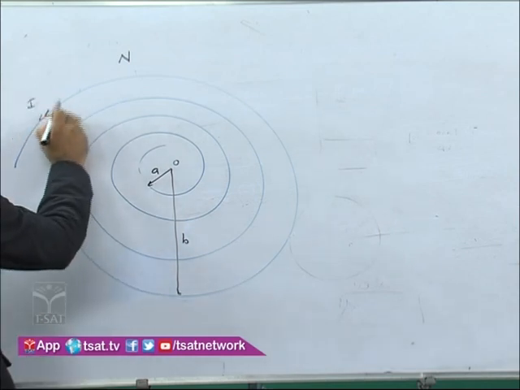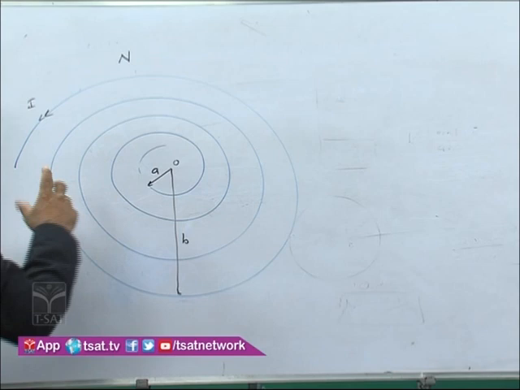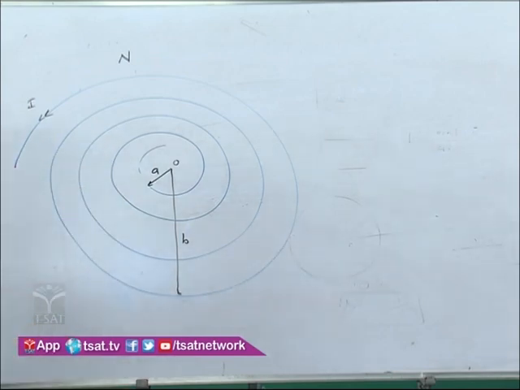Current is flowing along the direction, and due to this spiral we have to calculate the magnetic field induction. The number of turns in this spiral is n.